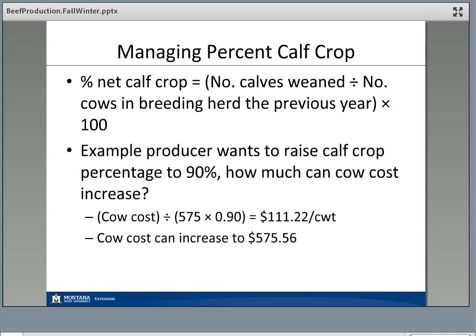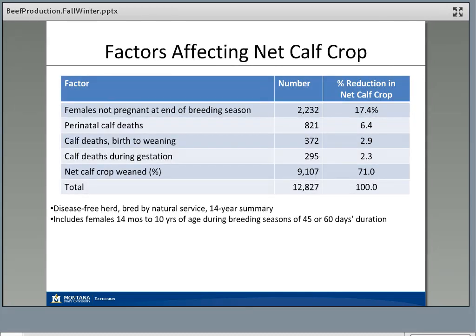We also have some loss from calf death right around calving, that perinatal period, death from birth to weaning, and calf deaths during gestation, so you called her pregnant at the end of breeding, but she didn't have a calf in the spring. In this particular example, their net calf crop weaned over this 14-year period was 71.